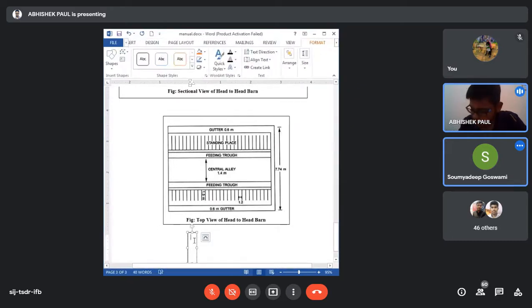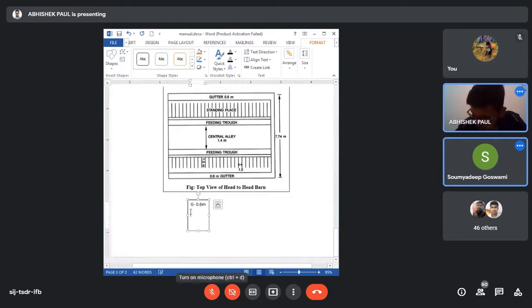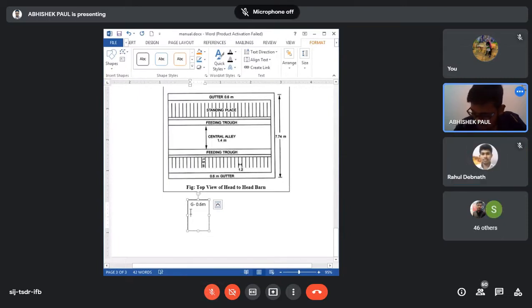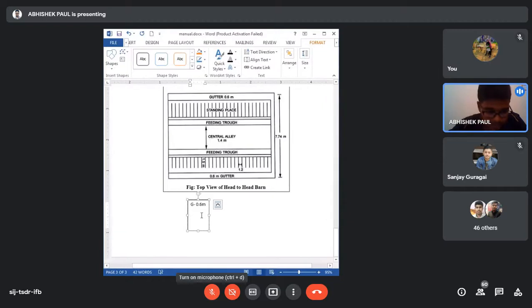Let's consider one side first. First is the gutter, 0.6 meter. Then the standing place, which is 1.5 meter.